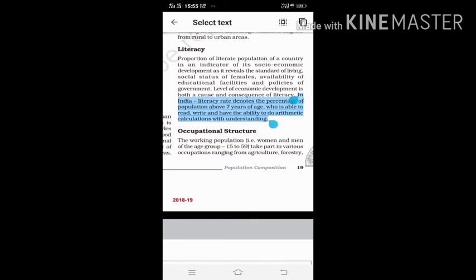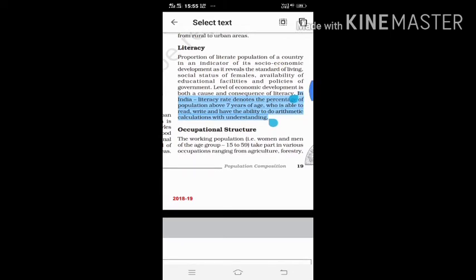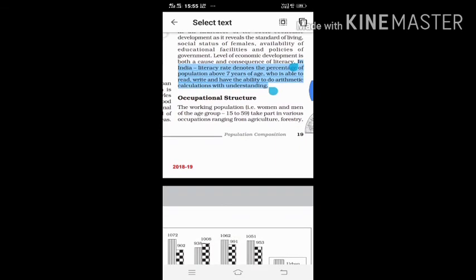Means in India, those persons would be called literate who can write, read, and have the ability to do arithmetic calculation, and who are above 7 years of age. So keep this in mind, it can come as one more question.